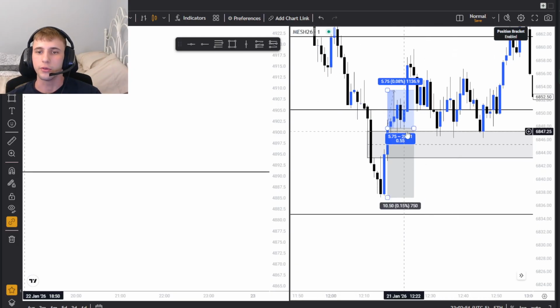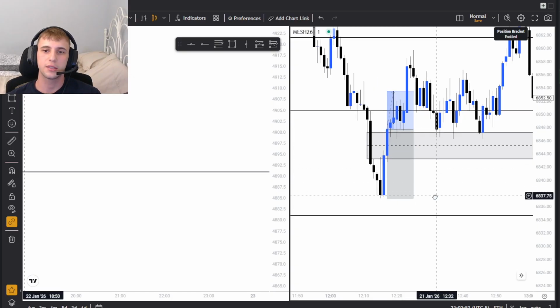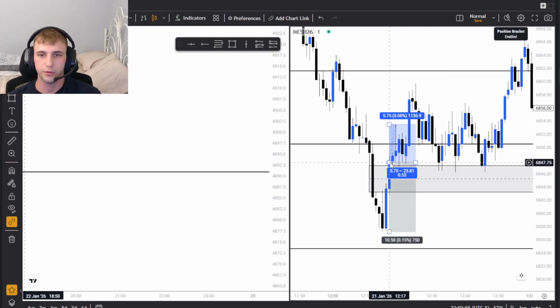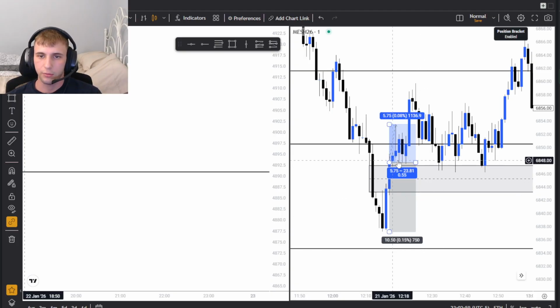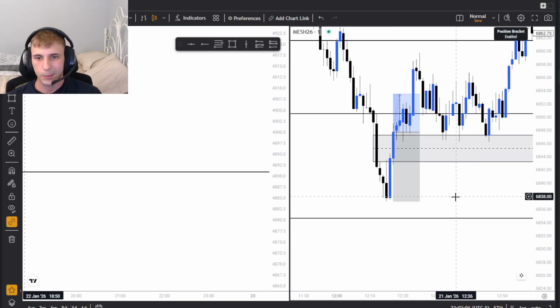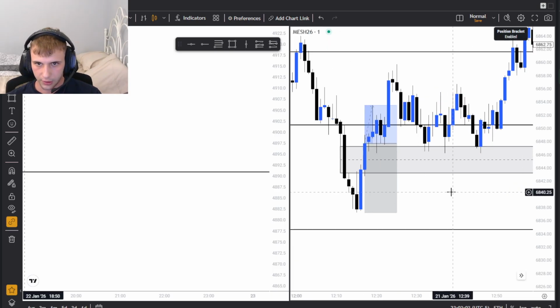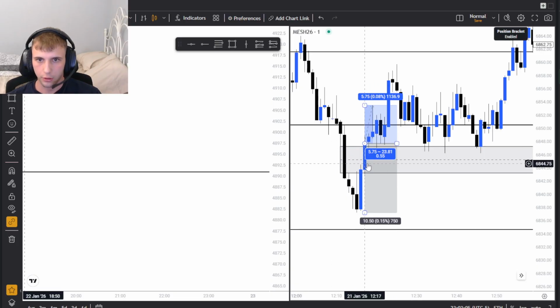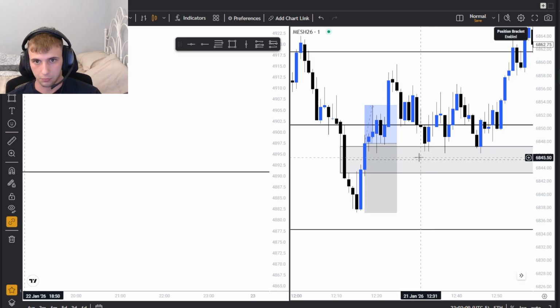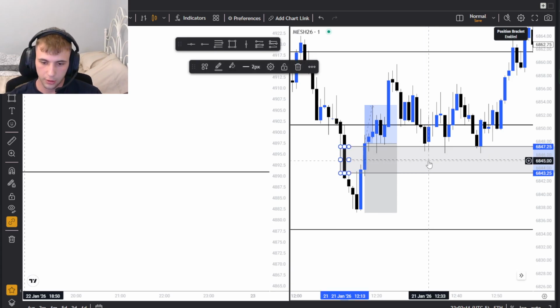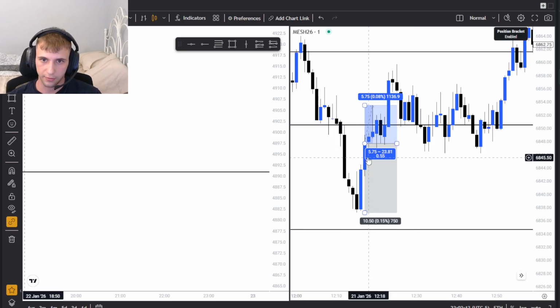So what I like to do in this case is I like to constantly monitor the Fib tool. Okay. What do I mean by this? Let's say we entered right here. First thing I'm going to do is look to my left. Oh, cool. We have a 1 minute fair value gap right here. There's a decent possibility that price may retrace down to this fair value gap.